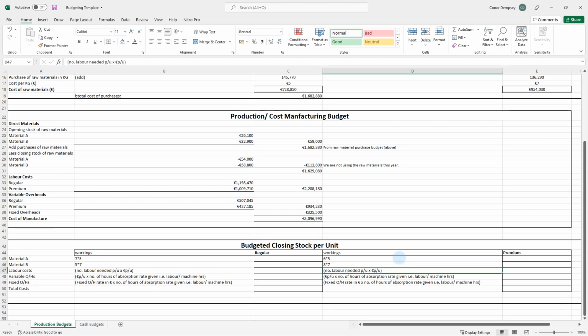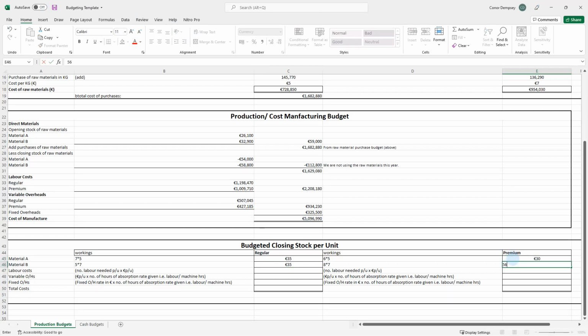So the number of units needed are 7 and 5 for regular and 6 and 8 for premium. So 5 by 7 is €35. And we have 30 and 56.